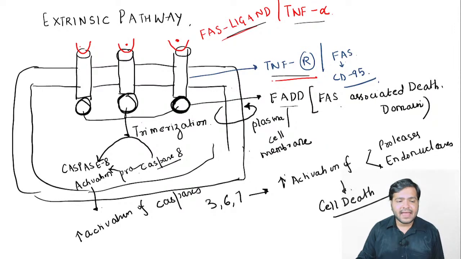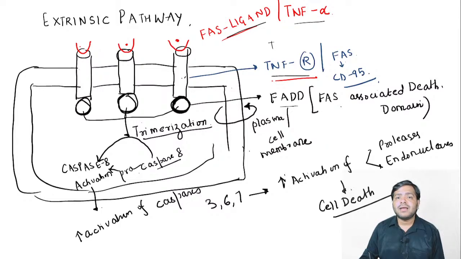So Fas ligand or TNF alpha, basically they are released in severe damage, and they come and bind to these receptors. What will happen? Trimerization will happen.